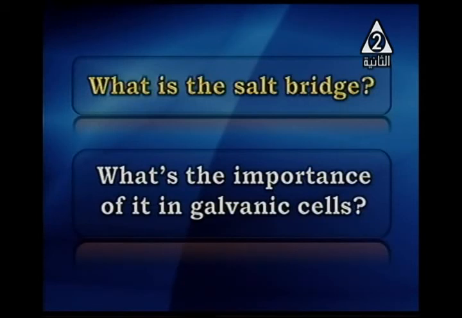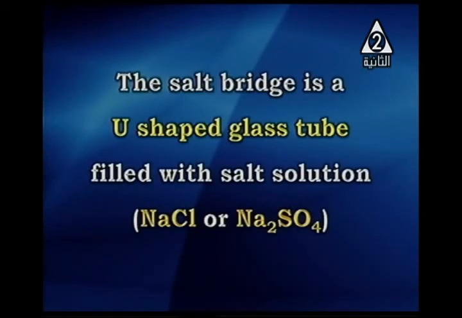The salt bridge is a U-shaped glass tube filled with salt solution, NaCl or Na2SO4, or KCl, for example, or any type of salt, to make a connection between the two halves of the cell to move the electric energy inside.